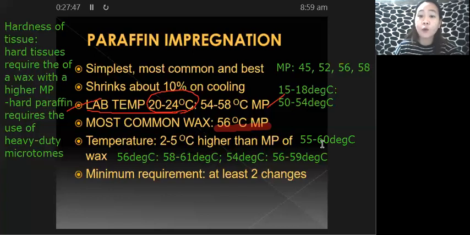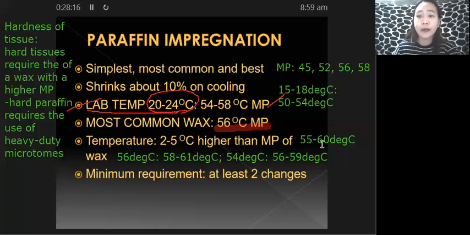A better answer would be 55 to 60 degrees Celsius, because this temperature range considered the fact that beyond 60 degrees Celsius is already deleterious or damaging to your tissue sample. So if both choices are given, the better answer would be 55 to 60 degrees Celsius.